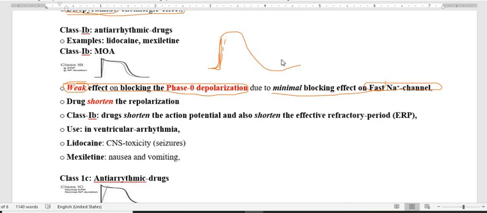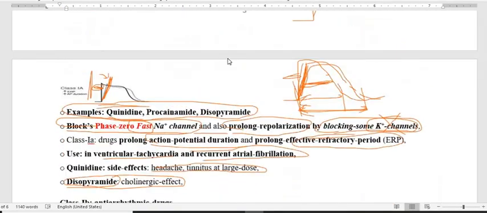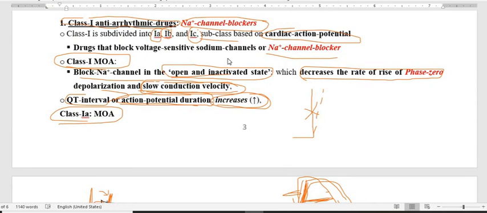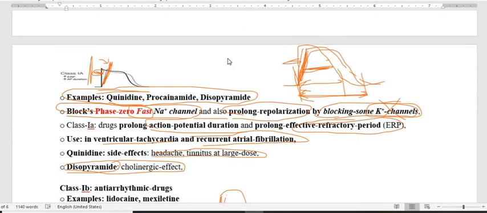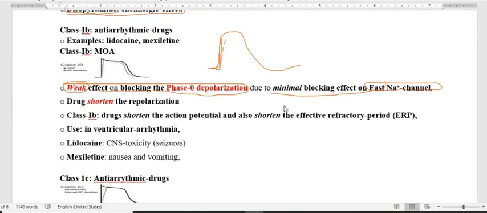So when we are talking about the 1B, they have a weak phase 0 depolarization, a minimal blocker of the fast sodium channel, but in contrary to the 1A, they rather shorten the repolarization, so repolarization gets shortened.